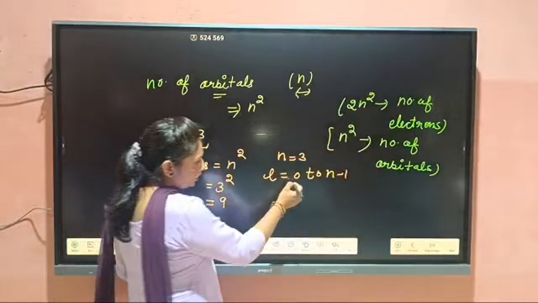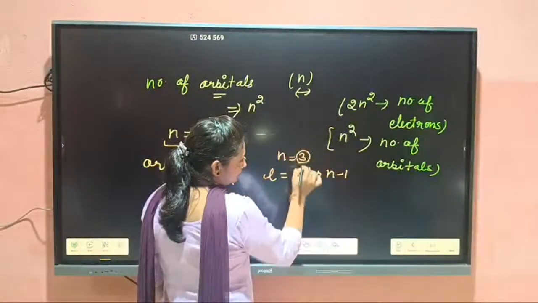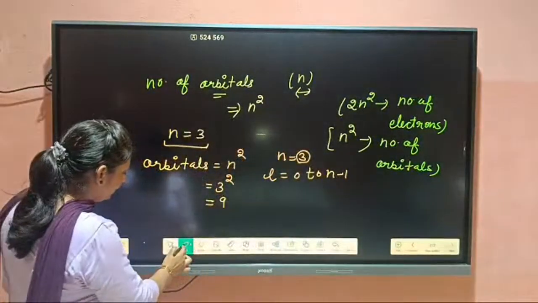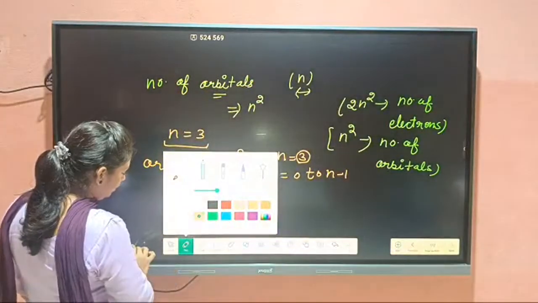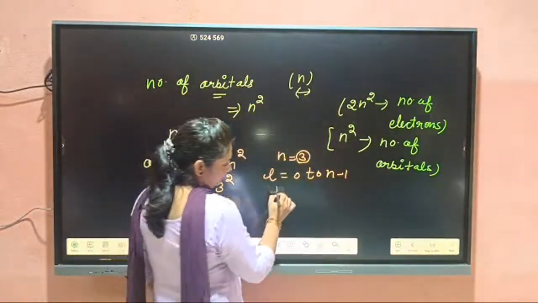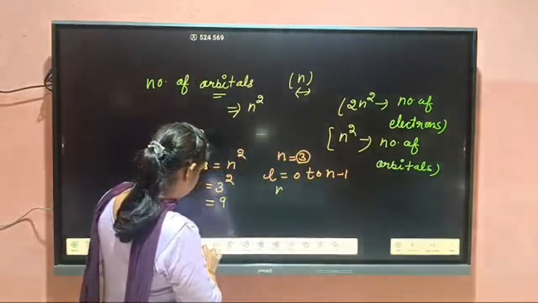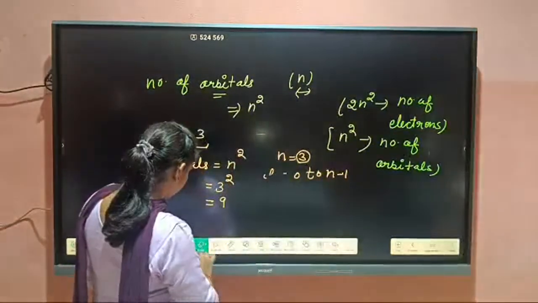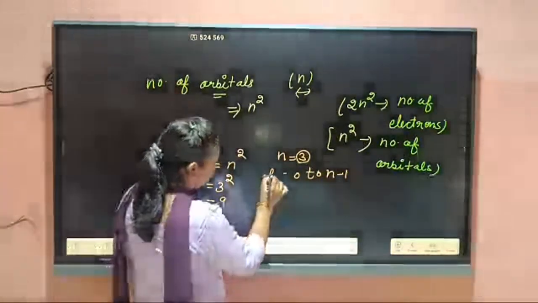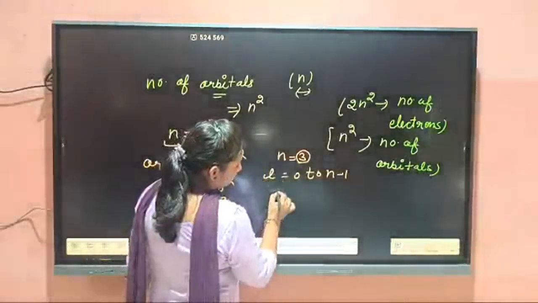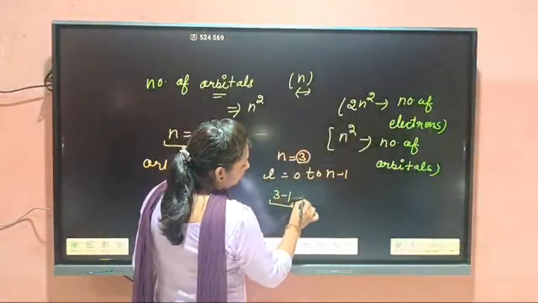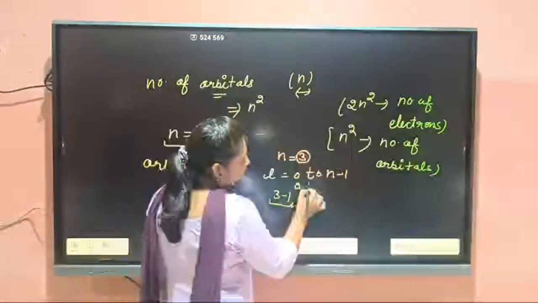Here n is 3. So what may be the value for l? The value for l may be 0 to 3 minus 1, that is 2. So it may be 0 to 2.